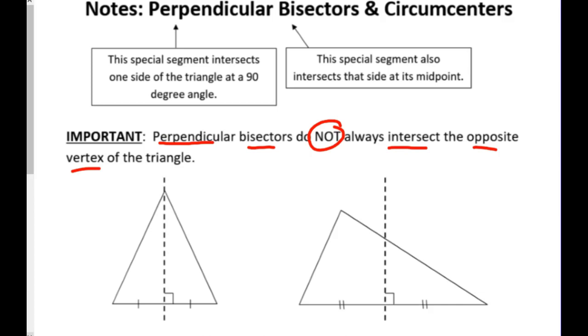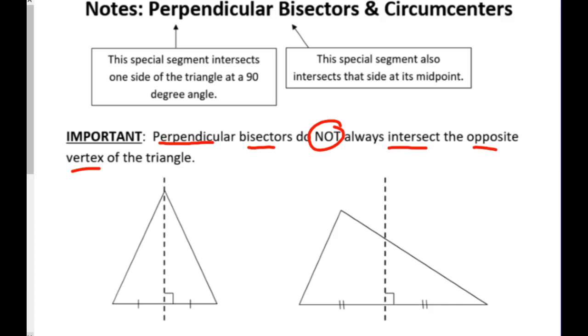It goes through the midpoint. This is a perpendicular bisector. This also is a perpendicular bisector, but it happens to also be an altitude. So I just want you to see the difference. Altitudes go through a vertex. Perpendicular bisectors go through a midpoint. They're kind of similar, but they go through different parts of the triangle.